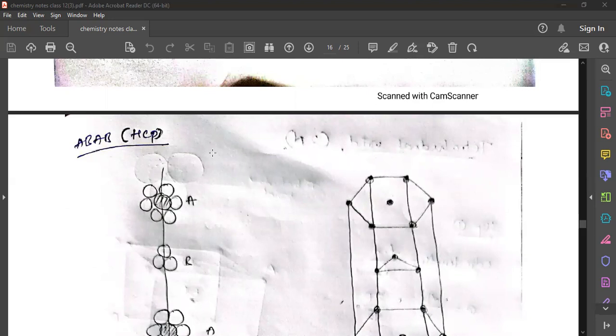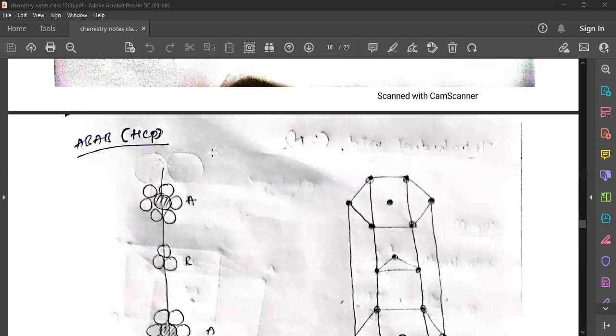I was waiting for your reply only. What is the answer?